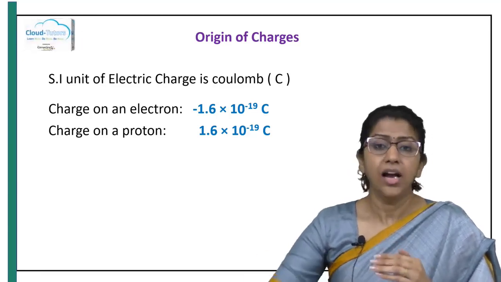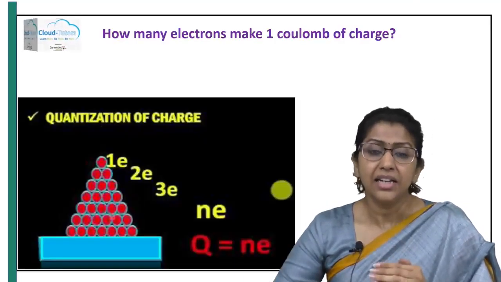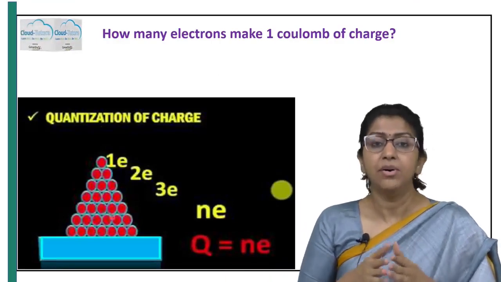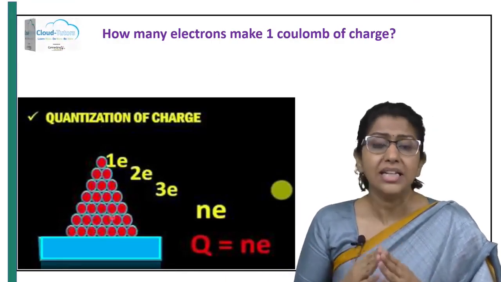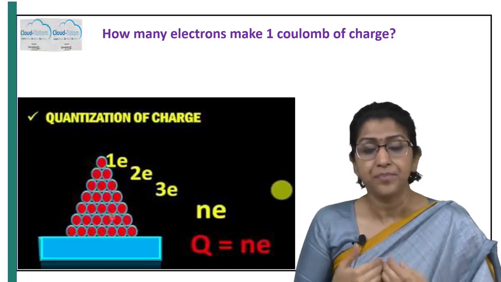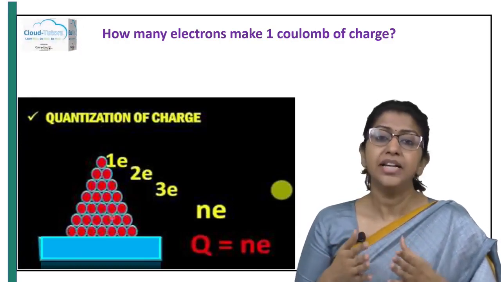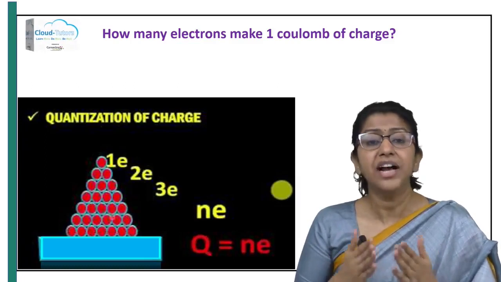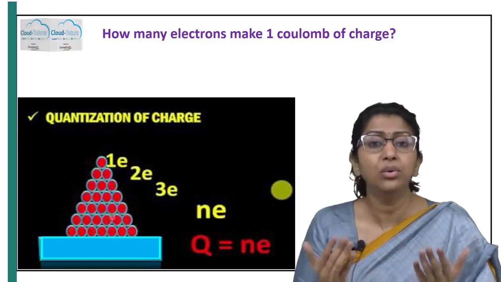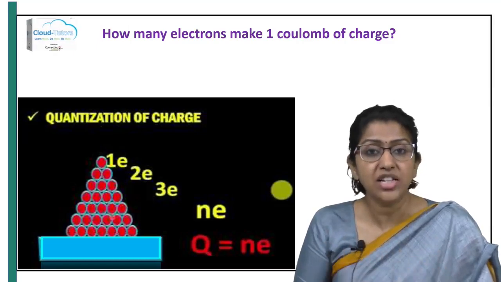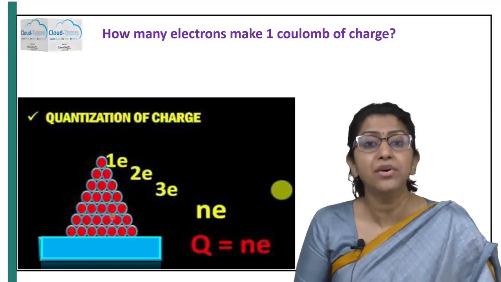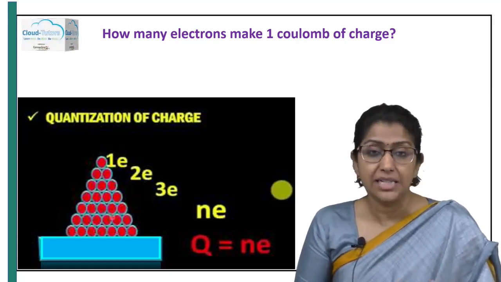Alright. Now, with this, let's understand another concept, the quantization of charges. What do I mean by this? If I say a particular object has 5 coulombs of charge or 1 coulomb of charge, I can most definitely measure this in terms of number of electrons. Why is this?